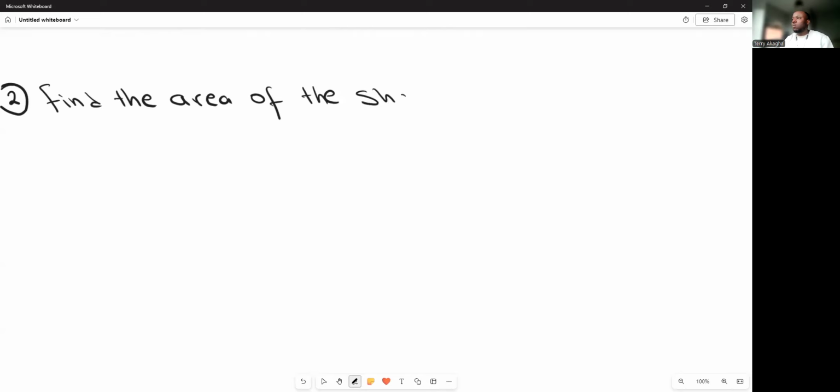So number 2, we're told to find the area of the shaded segment in the figure below.